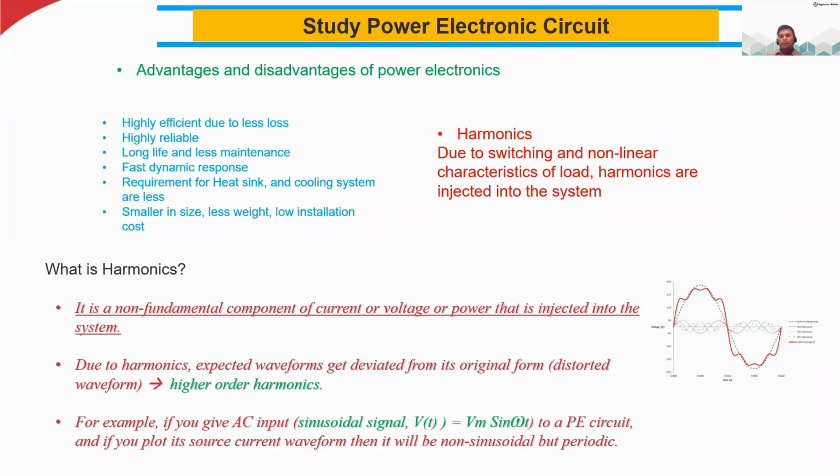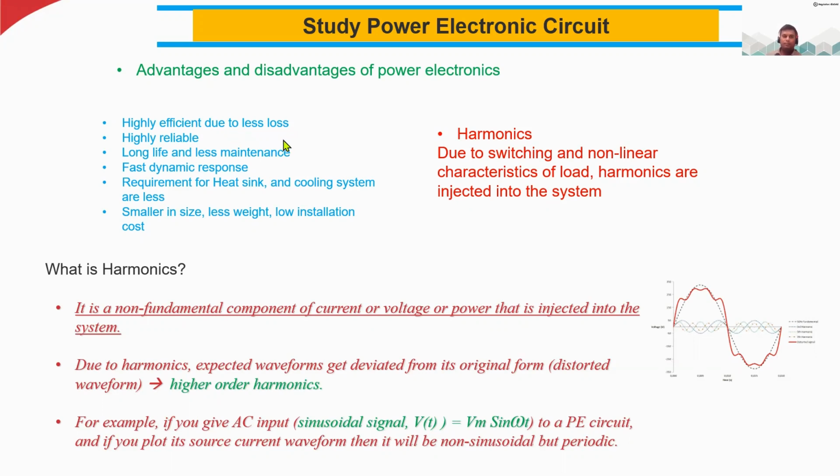In the previous lectures, we had seen a detailed overview of power electronics. So what are the advantages and disadvantages of power electronics? When we talk about advantages, we can say many points. We can achieve a highly efficient design using these power electronic devices, because the loss is much lesser.